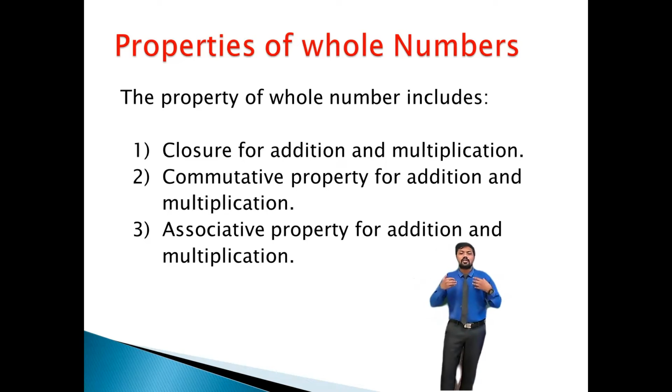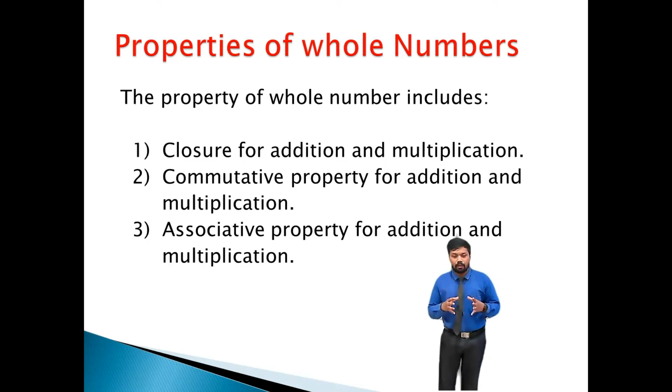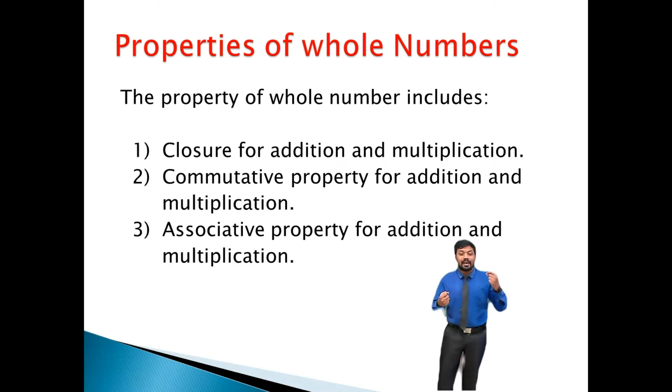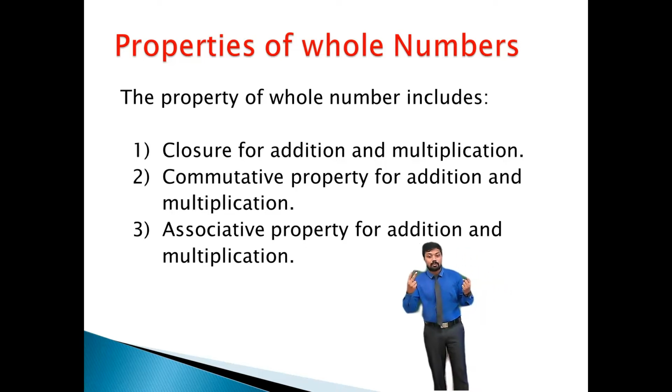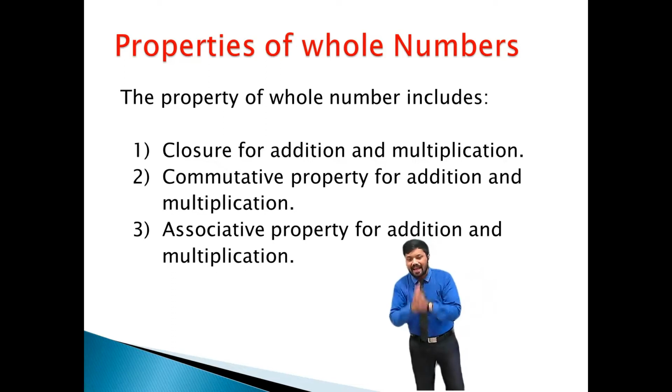First of all, what is closure property? Closure property is nothing but: if you add any two numbers, the result should also be a number which belongs to the same number system. For example, you take any two whole numbers and add.